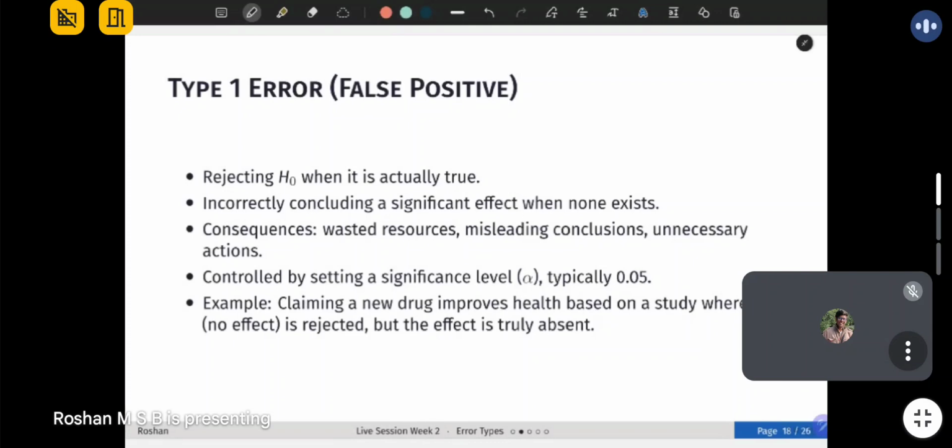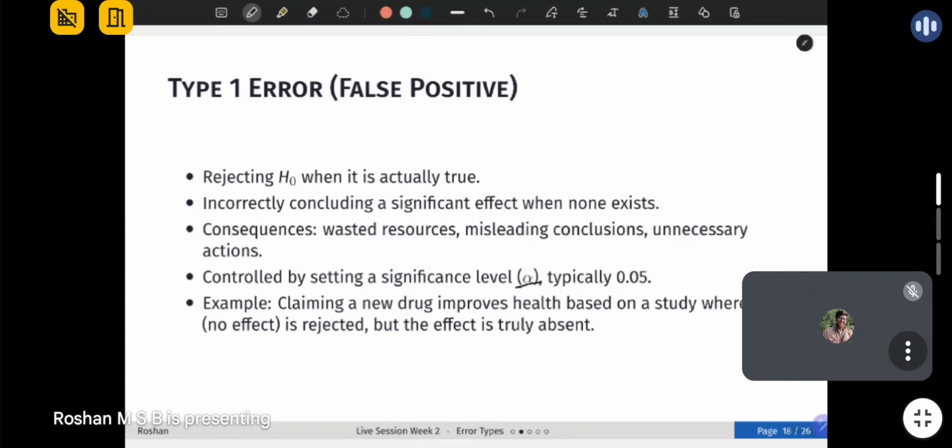The consequences can be wasted resources and misleading conclusions. Let's say when this type 1 error is high, you introduce this newer drug into the market and people still don't see any effect. So you want to avoid this as much as possible.